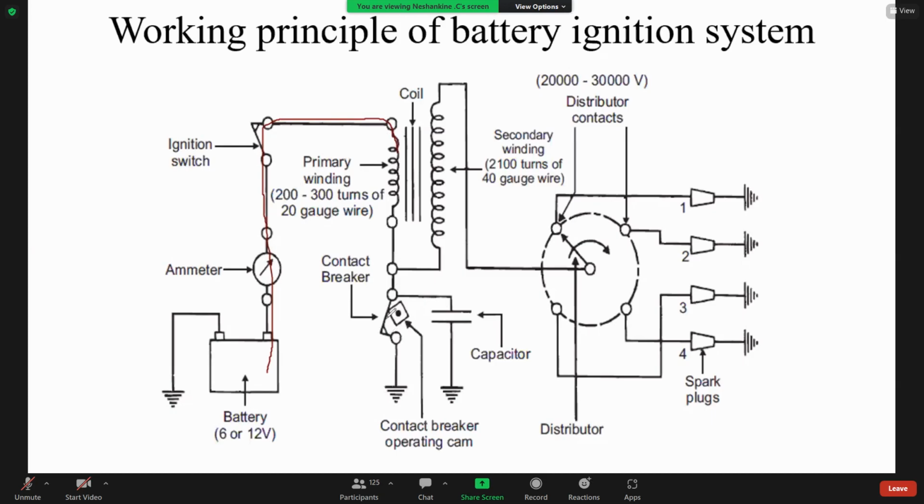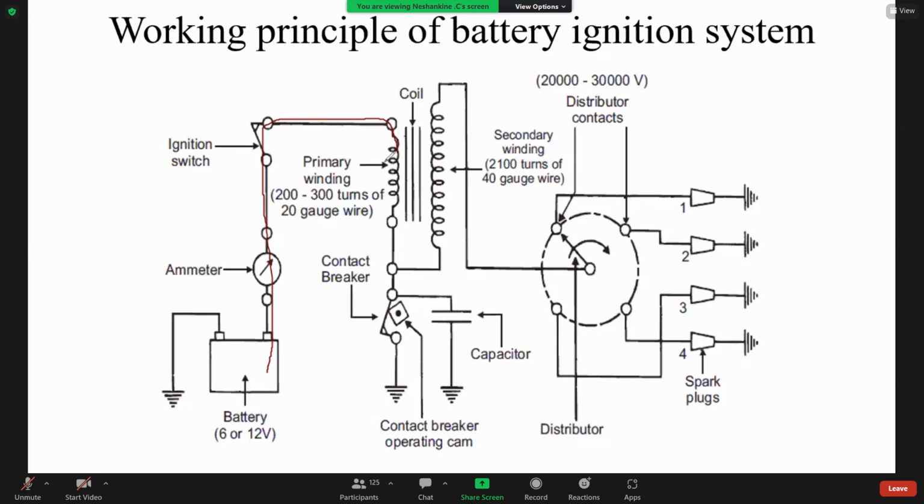In advanced level you already studied: if current passes through a winding, we can observe an electromagnetic field, isn't it? Yes, ma'am. So before switching off, we observe the magnetic field.